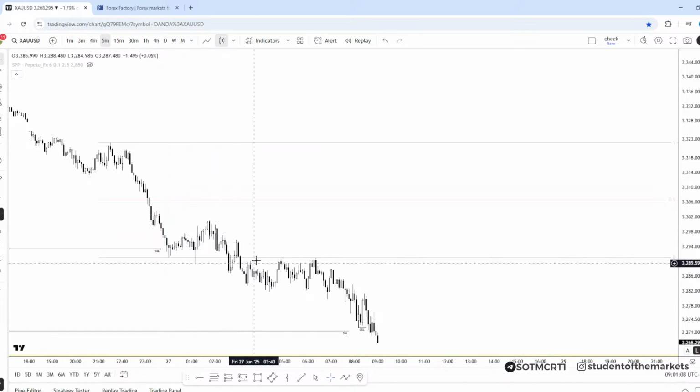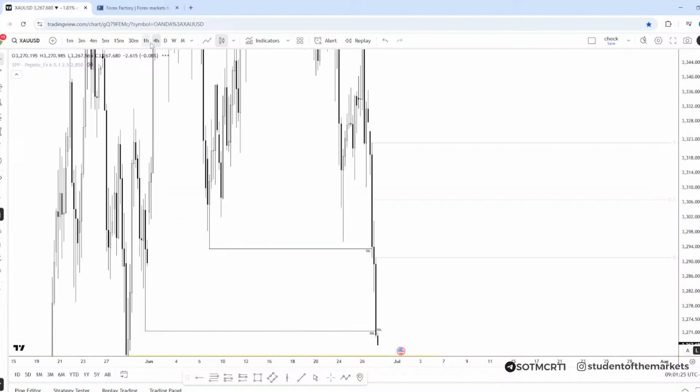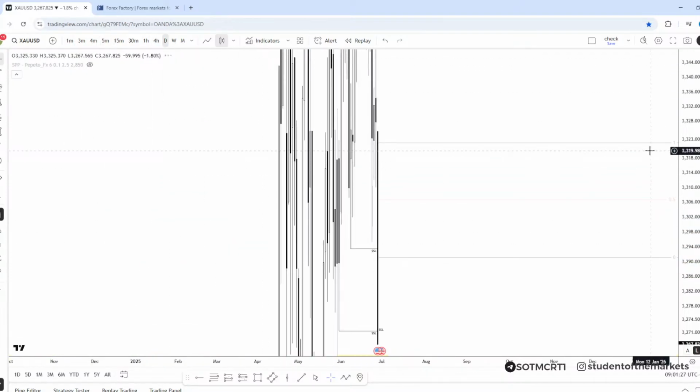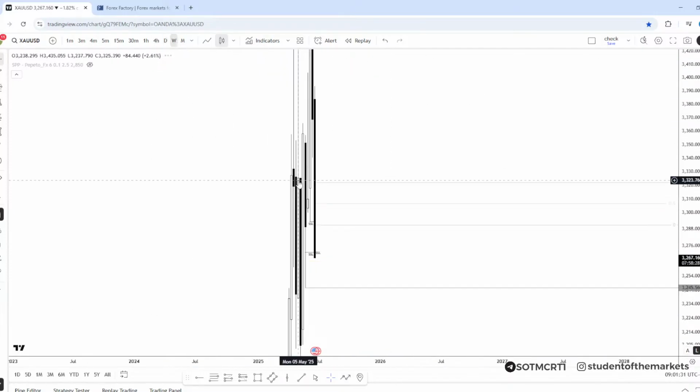This wasn't even London session, the London session was around this time. So maybe if you took the trade from around this level, then yeah, price just went down for the sell side liquidity down here on the weekly time frame.